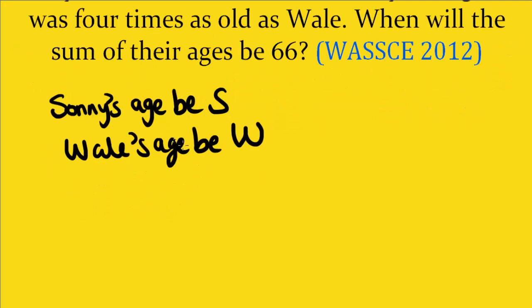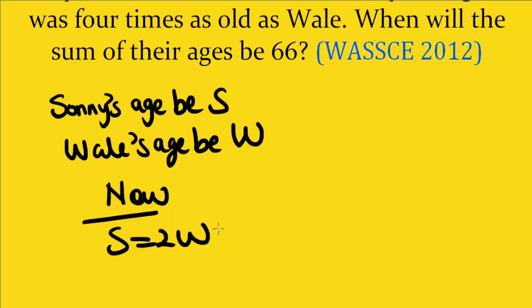Now we're told that Sonny's age is twice that of Walle's age. That means S equals 2W.